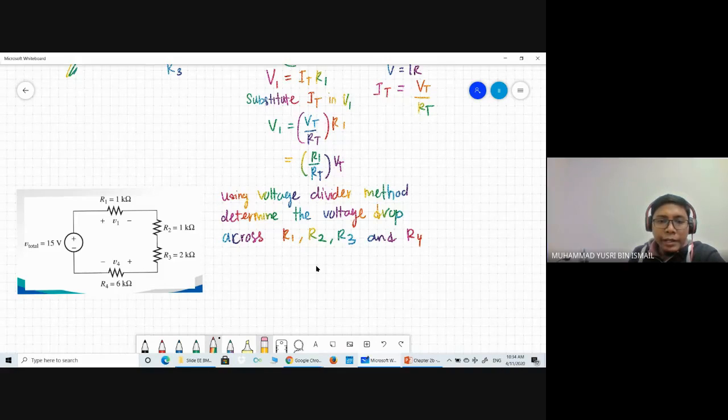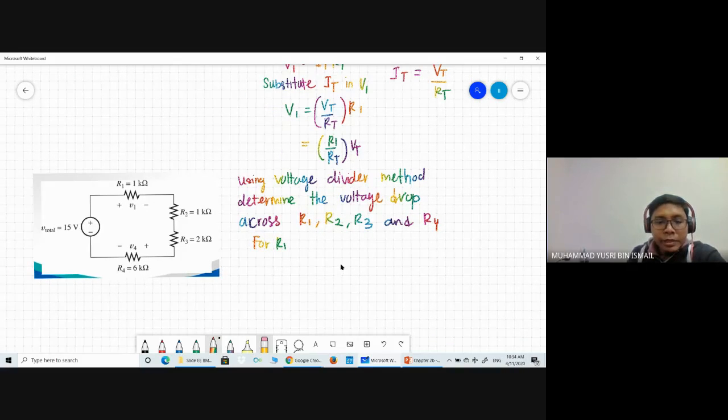So now we try to solve for R1. Based on this formula, it is equal to R1 over R total times the total voltage.